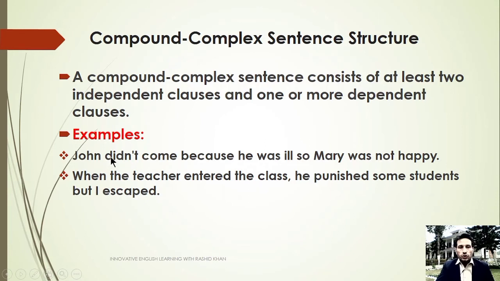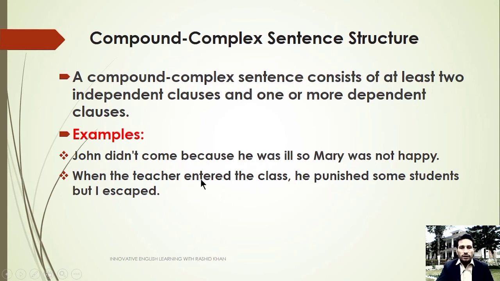For example, John did not come because he was ill, so Mary was not happy. John did not come is one independent clause, because he was ill is a dependent clause, so Mary was not happy, that is an independent clause. So we have two independent and one dependent clause, and that is why it is called a compound complex sentence.